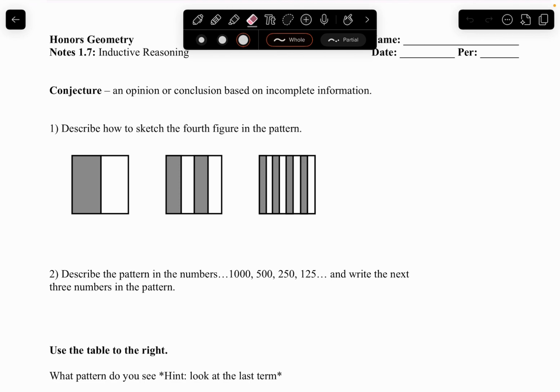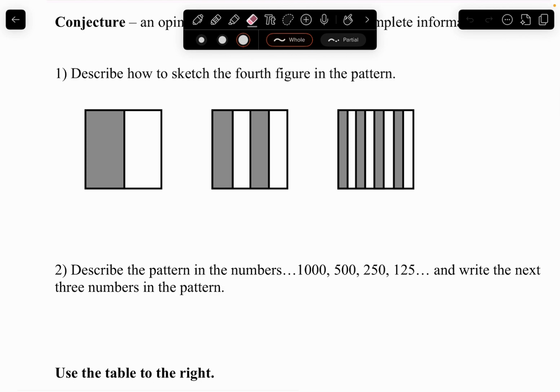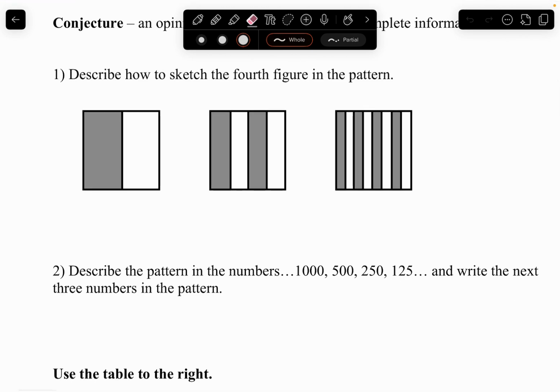So, moving on. Number one says, describe how to sketch the fourth figure in the pattern. So if you look at each of these figures, take a second, think to yourself, what do I notice? What do I see? What is a conclusion I can make just based on what I'm given here? When you look at each of these things, in the first step, we have two boxes. It goes gray and then white.